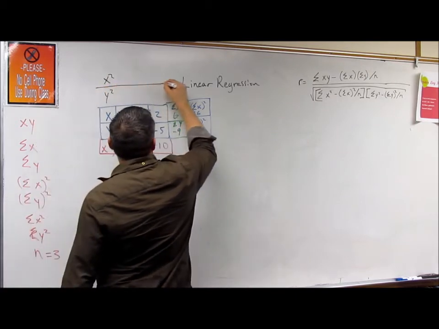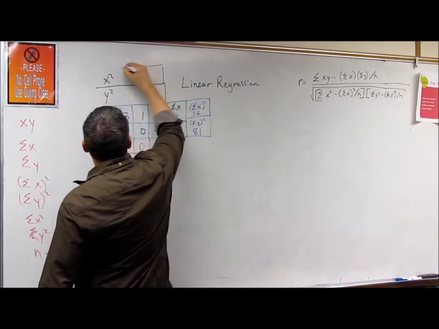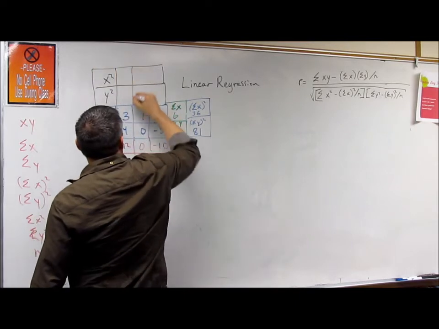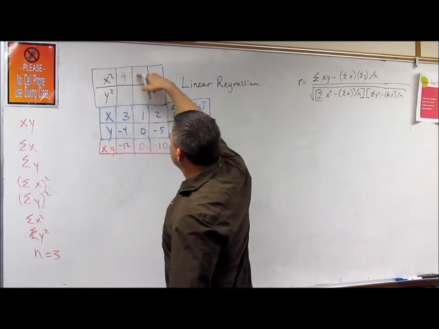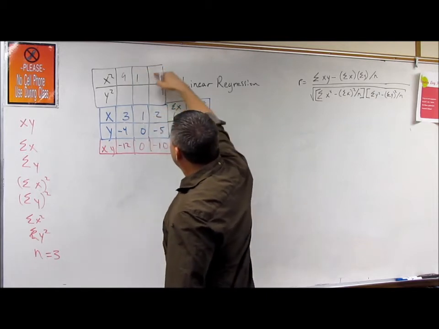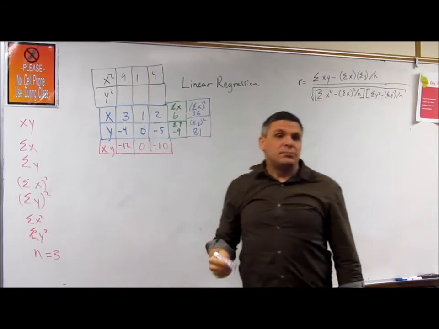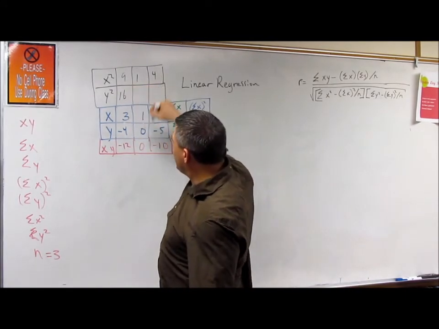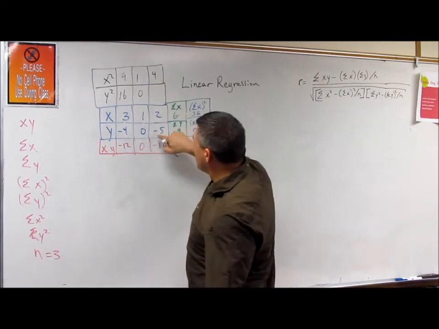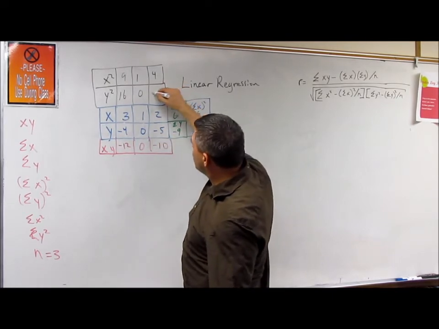So x squared is 9, x squared is 1, x squared is 4. Make sense? Y squared is 16, y squared is 0, and this y squared is 25.